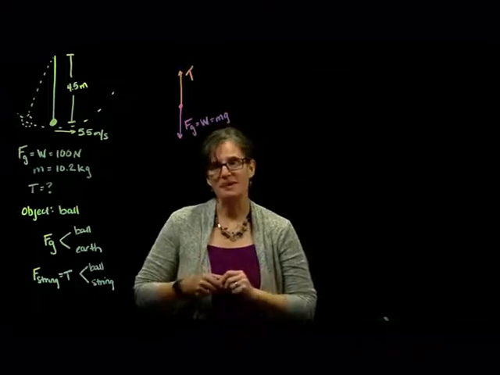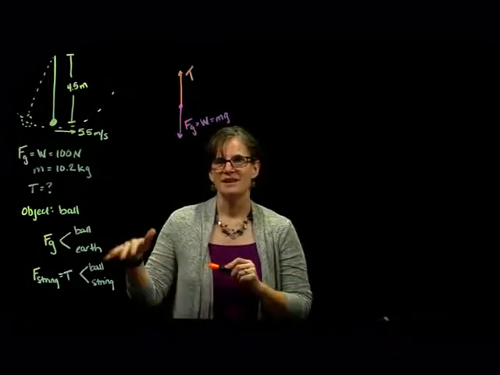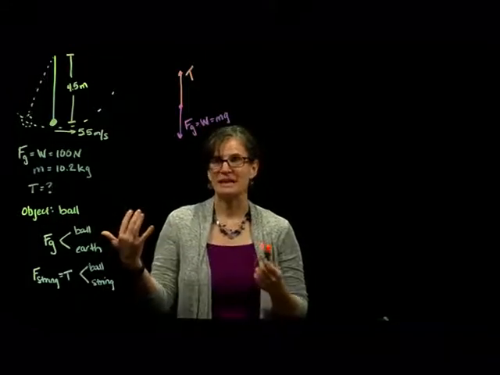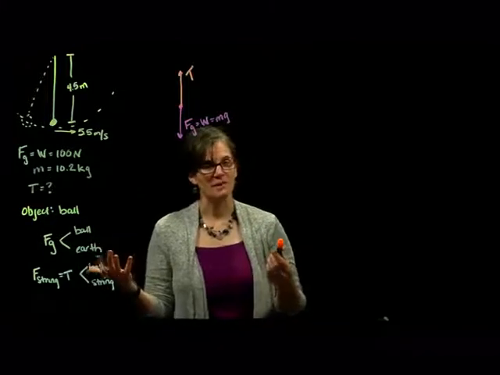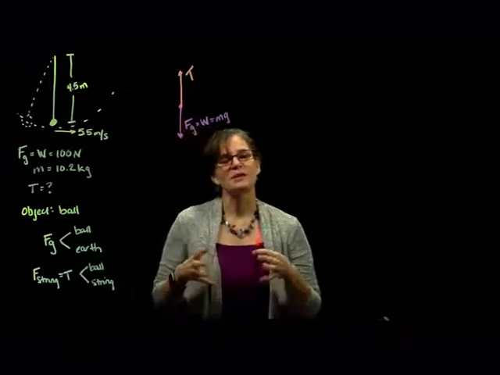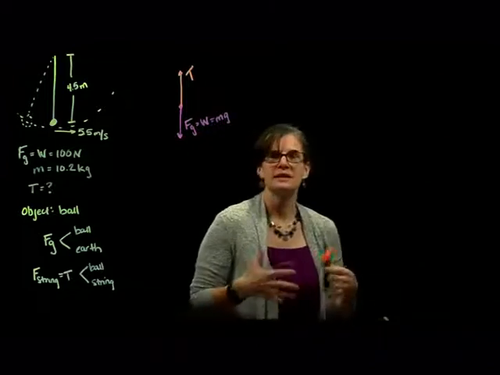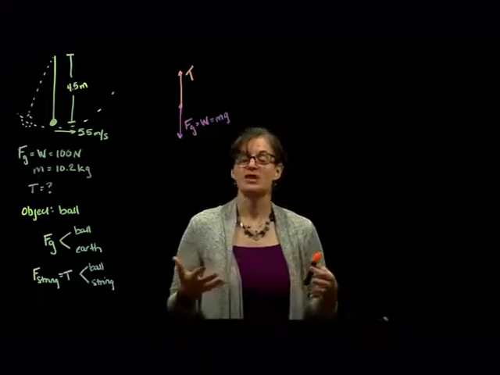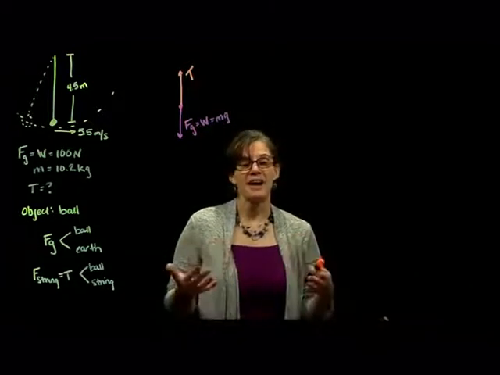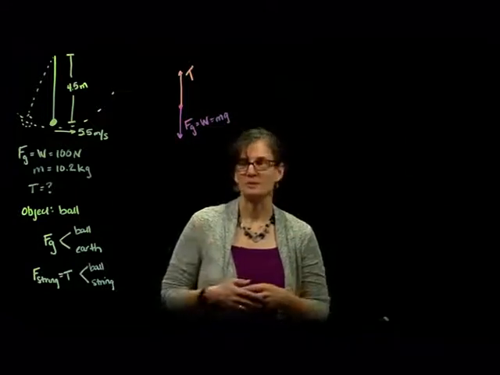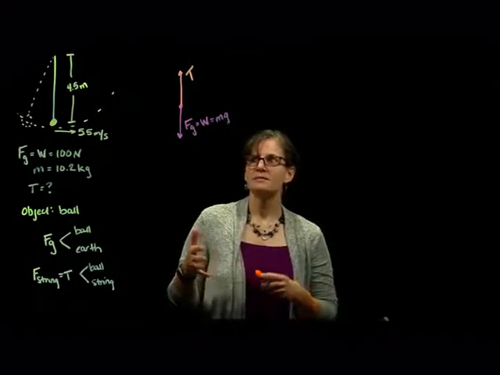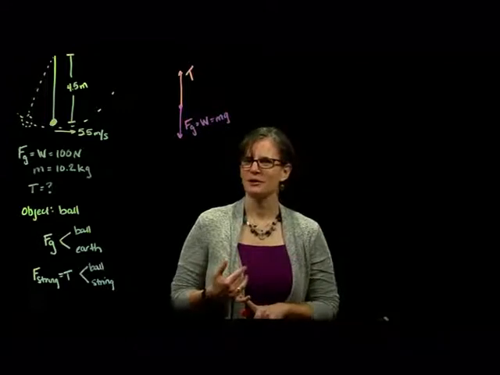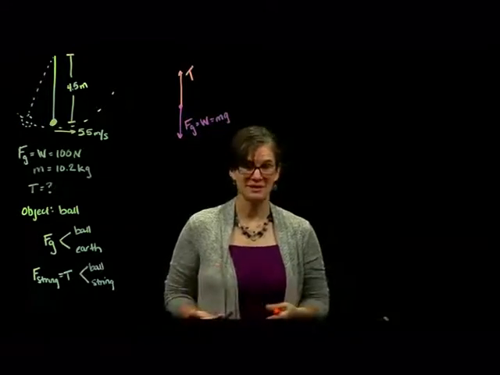Now we want to think about separating those forces into vertical and horizontal components. And when we do that, we think about the direction of the acceleration. Is there an acceleration, and what is that direction so that I can align my coordinate system with the acceleration? Well, the object's moving in a circle, so it's changing its velocity, it's changing its direction, so there has to be an acceleration.